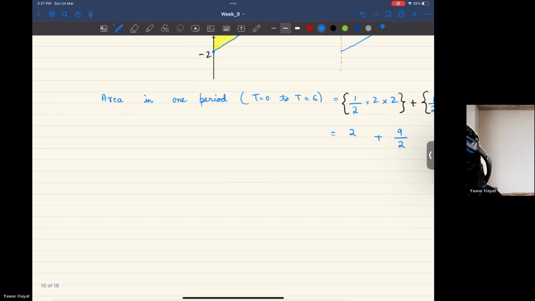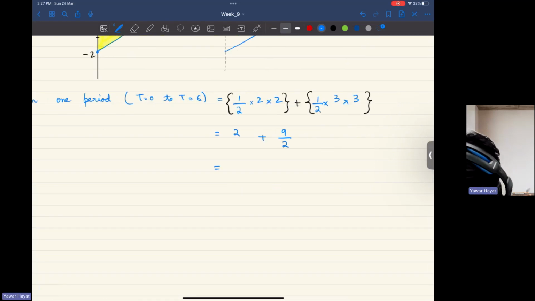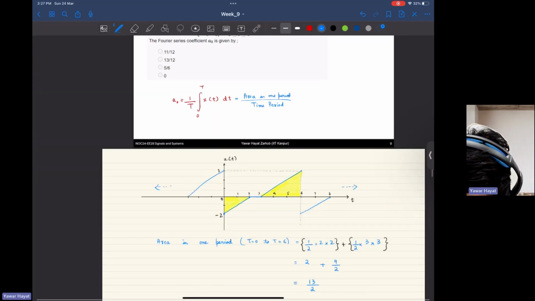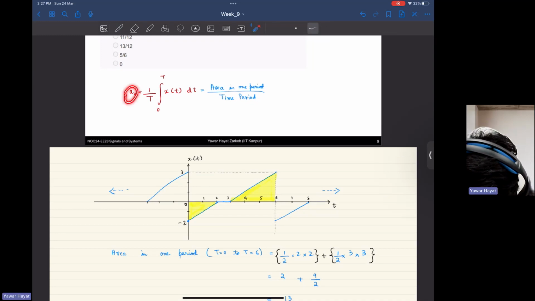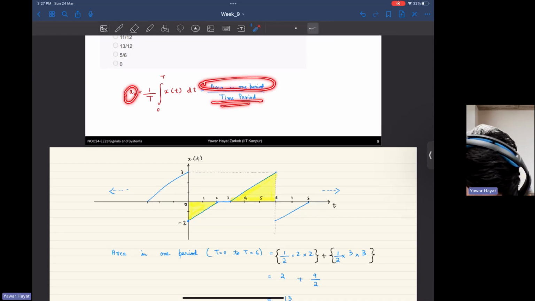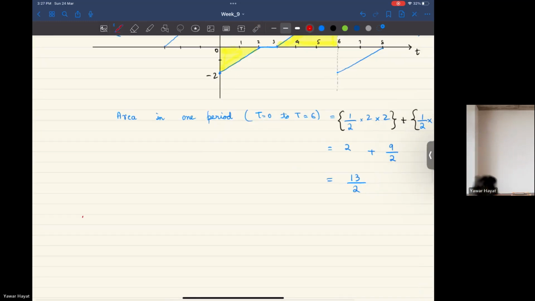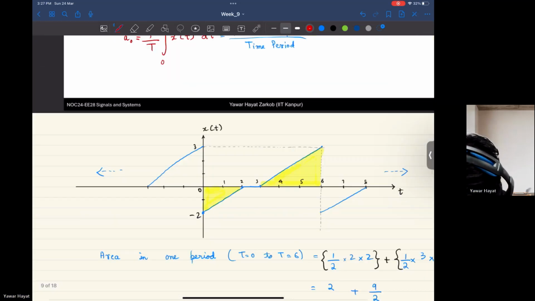What about, let's do this. 4 plus 9 is 13, so 13 by 2. So this implies our A0 is this area divided by this time period. A0 will be equal to this area, 13 by 2, whole divided by the time period.